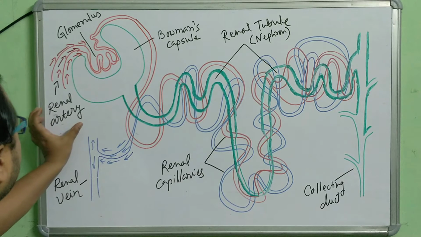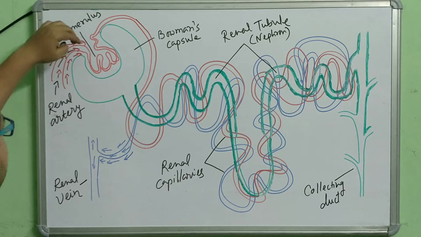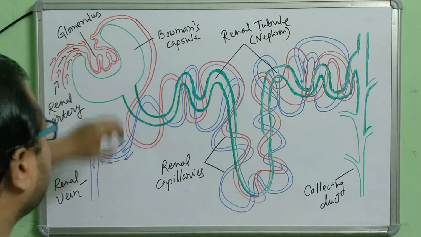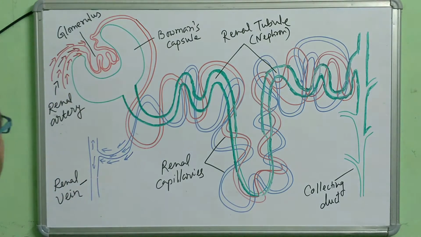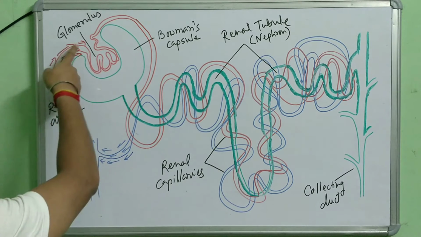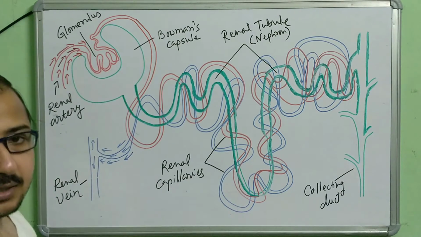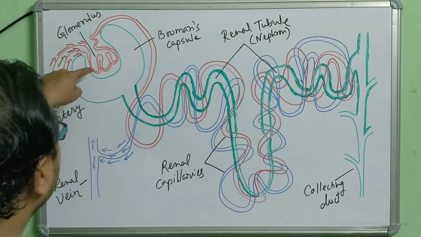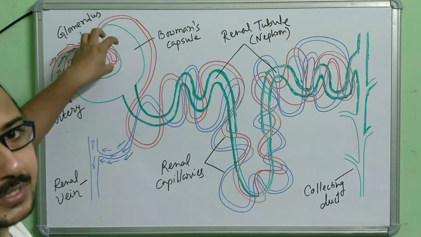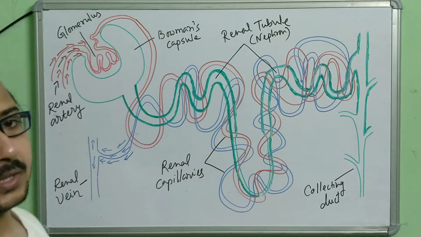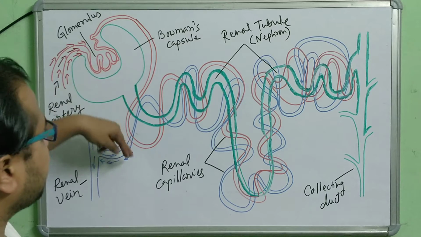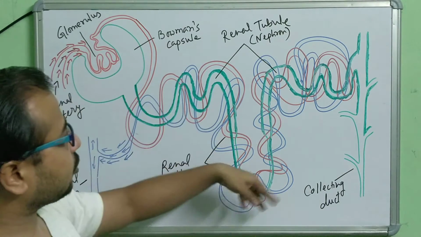The renal artery carries the blood inside, and it enters into the notch of the Bowman's capsule, where the artery is divided into many fine capillaries, nothing but blood vessels, through which the blood moves. These blood capillaries inside the notch of the Bowman's capsule are known as the glomerulus.